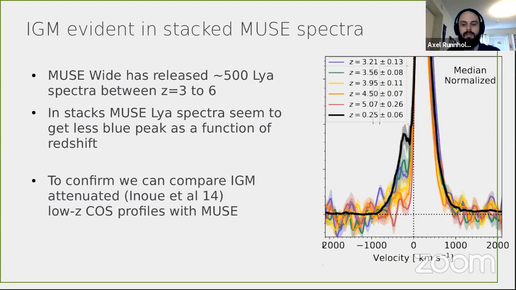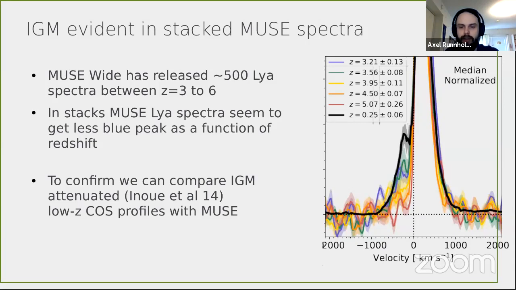And there is a sample of Lyman alpha spectra across this redshift range from the MUSE-Wide. They've released over 500 spectra. And in the individual MUSE-Wide spectra, we can't see any blue emission, but if we stack them, we can. And if we stack them by redshift, we can see the evolution of that blue peak contribution.